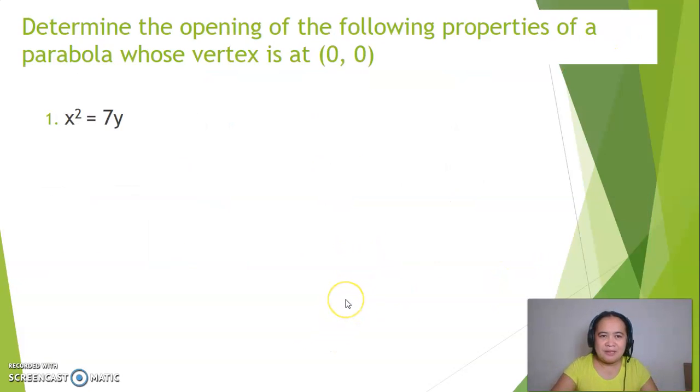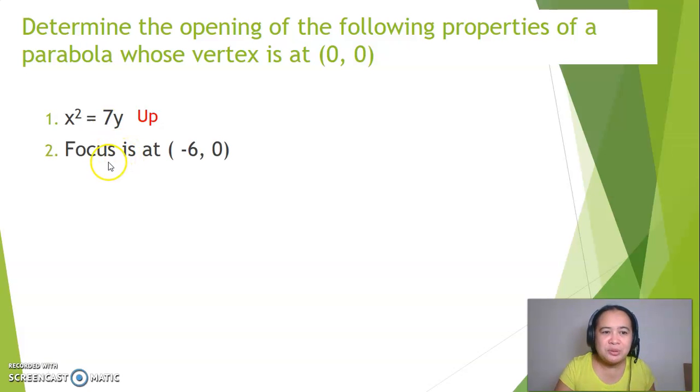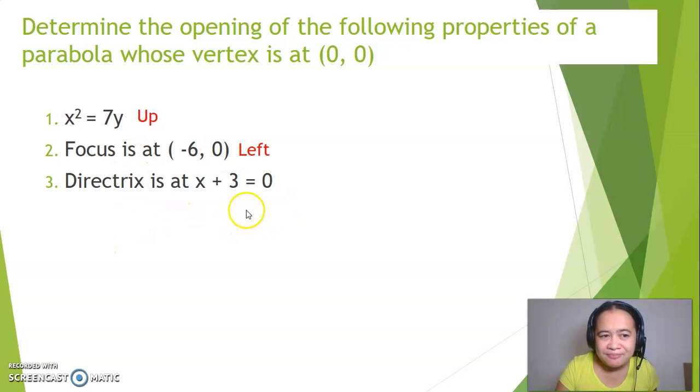Let's have an example. Now, let's identify the opening of the parabola given these properties. Number 1, x is squared and 4p is positive, so therefore it opens up. Number 2, the focus is located at (negative 6, 0). This is located at the left, so therefore it opens left.